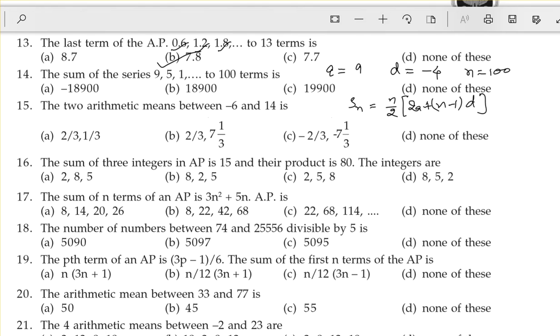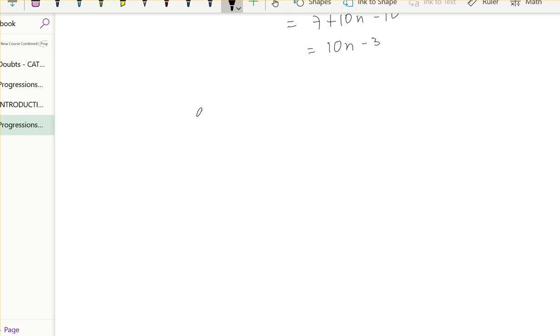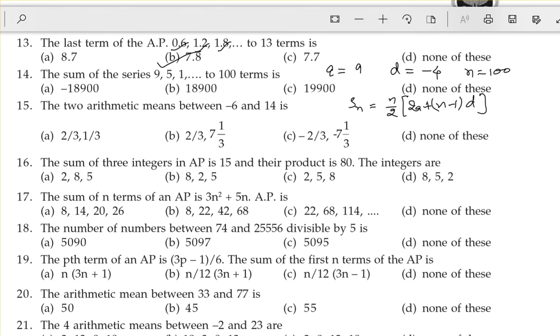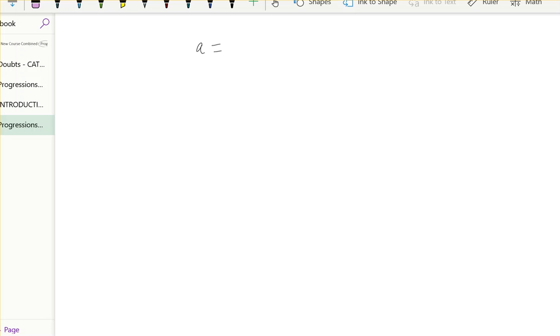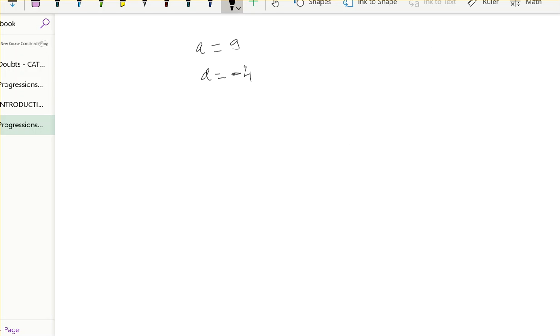Let me write it clearly here. A is equal to 9, D is equal to minus 4, n is equal to 100.